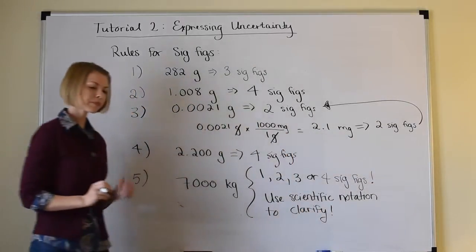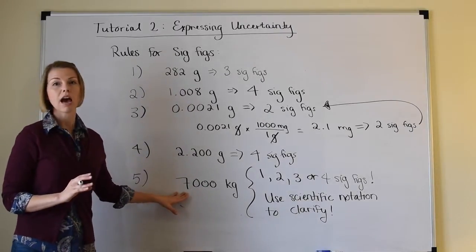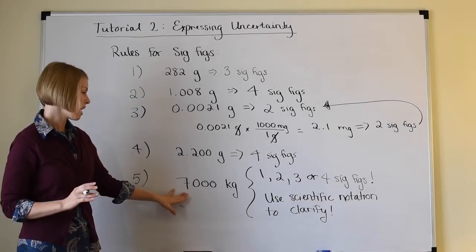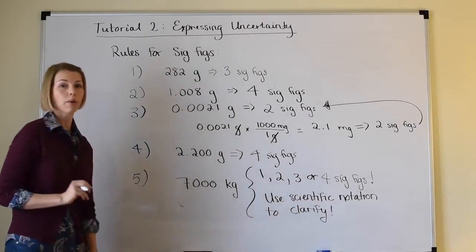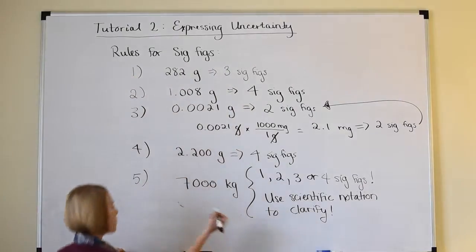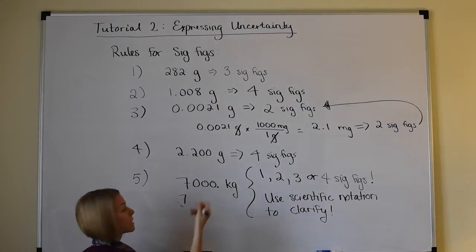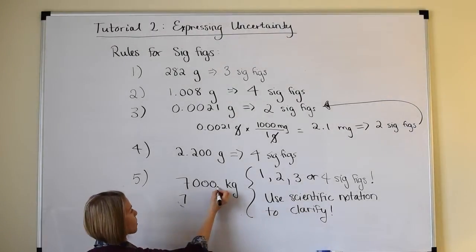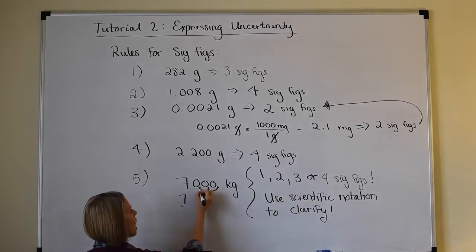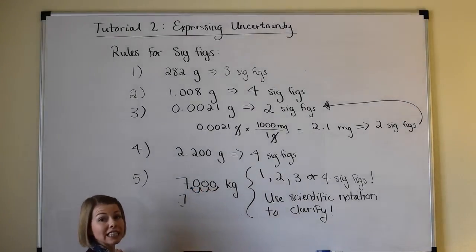All right, so let's say that we made this measurement and we really wanted to express that all of those zeros were in fact significant. What we would do there is we would take this number and grab the decimal place that's at the end of the number but currently not being written, and we would move it until we got a number that was between 1 and 10.